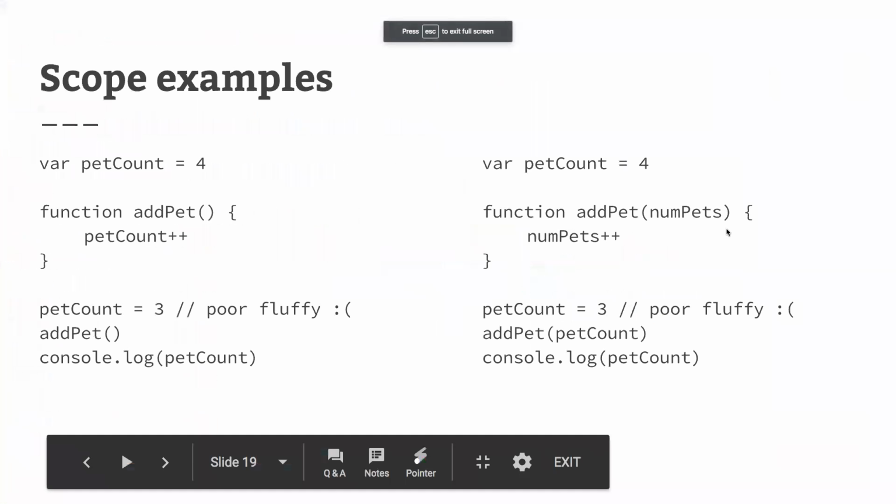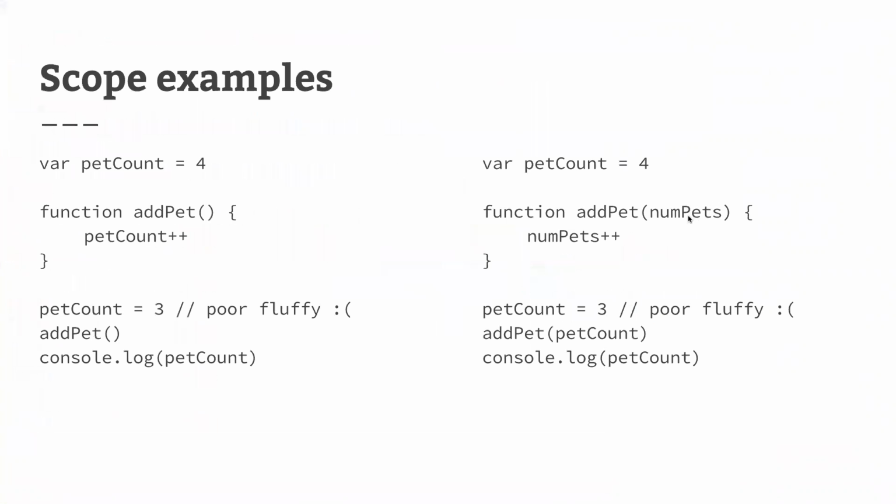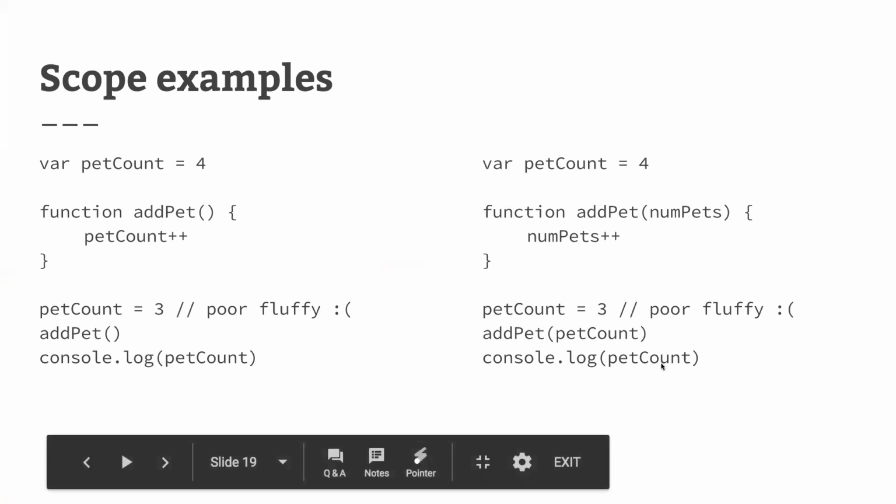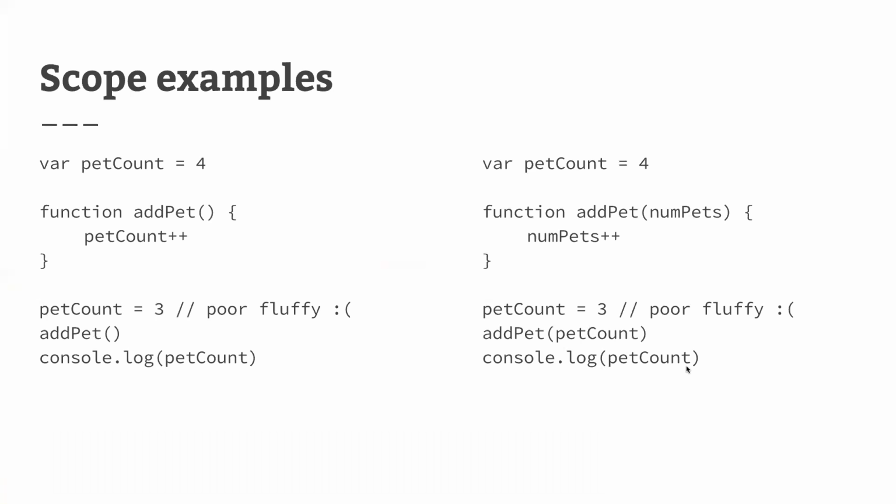Now the one on the right is different in that I have a parameter now, and I'm working with the parameter instead of the global. So what is console log petCount going to do here? Why 3, Celeste?